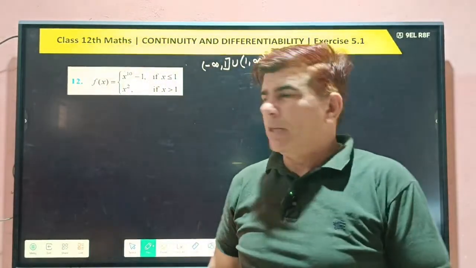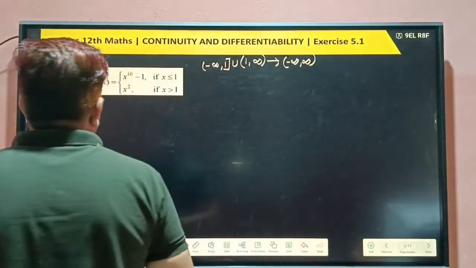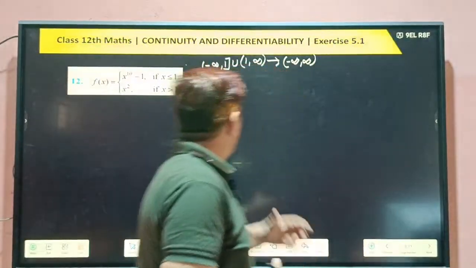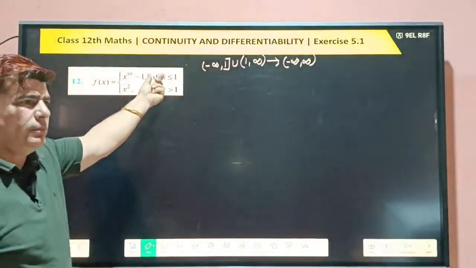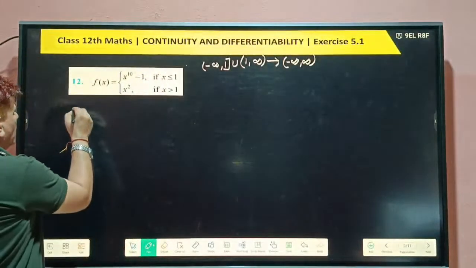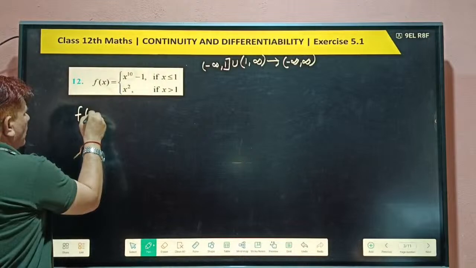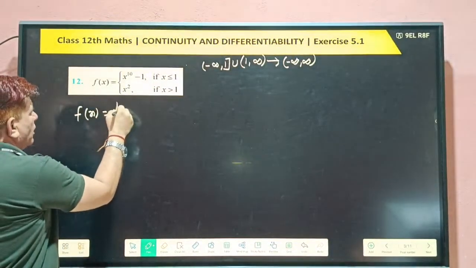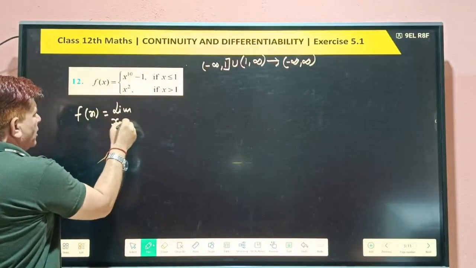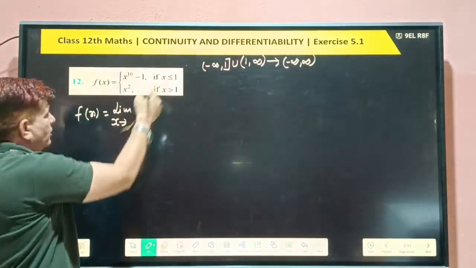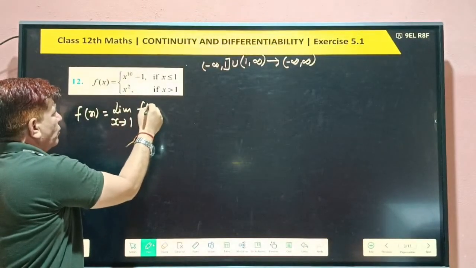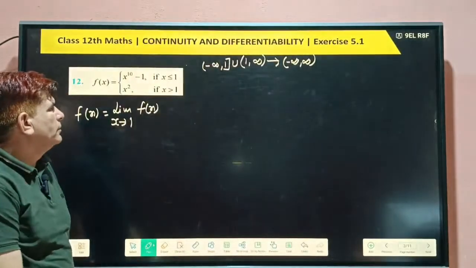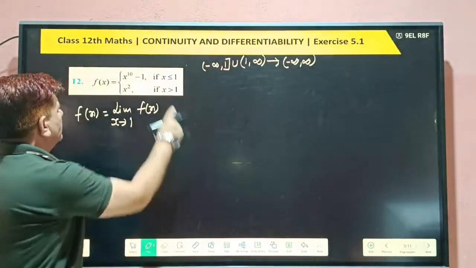So we will check whether this function is continuous or discontinuous. So how can you check? Again, look at this. We have the function f(x) equal to limit x tends to 1 of f(x). So what's your f(x) here?